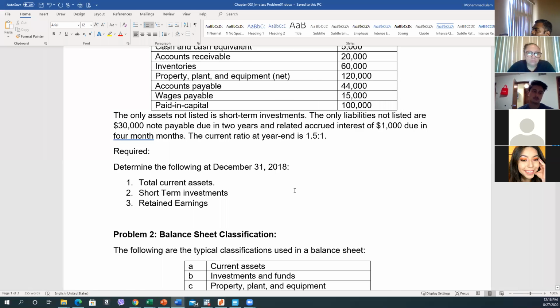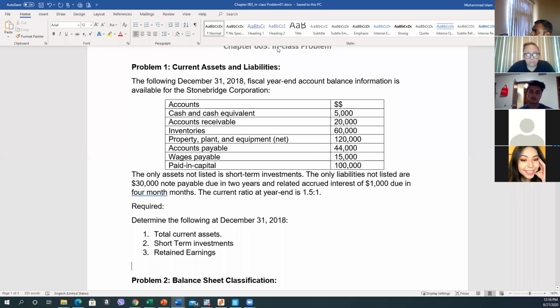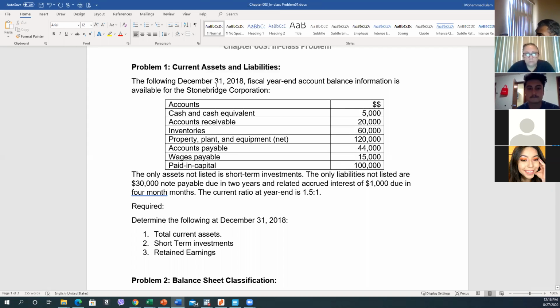So let's try to solve one problem from here. This one is on Learn. The current assets and liabilities problem. Okay. So the following December 31st, 2018, fiscal year end account balance information is available for the company: cash and cash equivalents, accounts receivable, inventories, property, plant and equipment, accounts payable, wages payable, paid in capital.